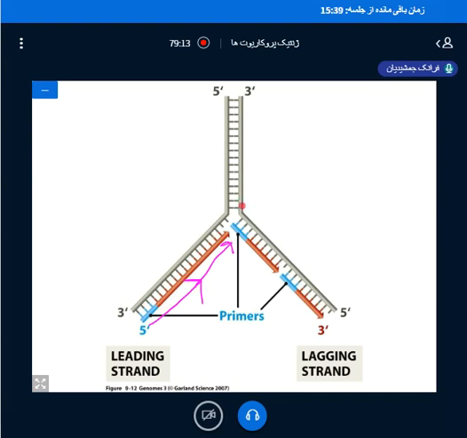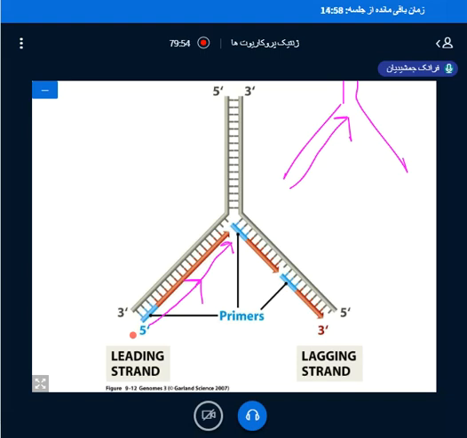And after that, the replication fork opens too, and the replication continues like that. For example, we have this strand, which continuously continues the replication, so we call it the leading strand. What does leading strand mean? The leading strand means the strand which continuously replicates DNA from 5 prime to 3 prime.